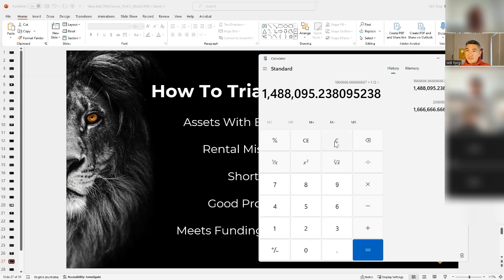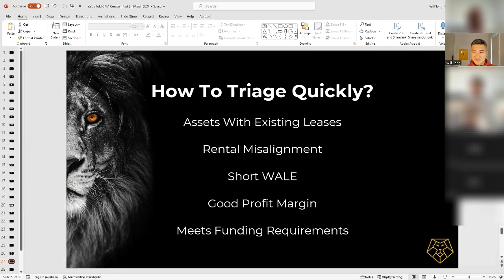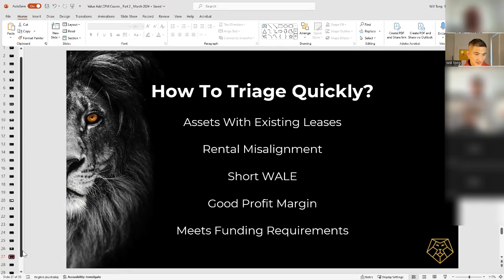So that's my back of the envelope calculation. Make sense? Cool. Okay.